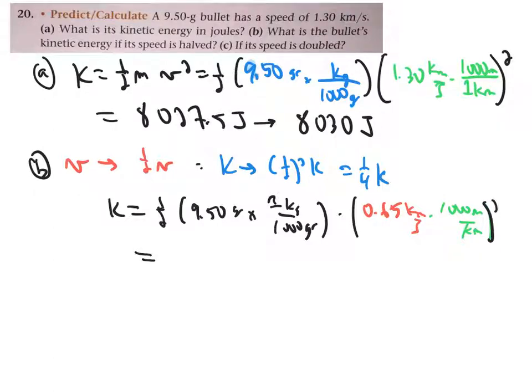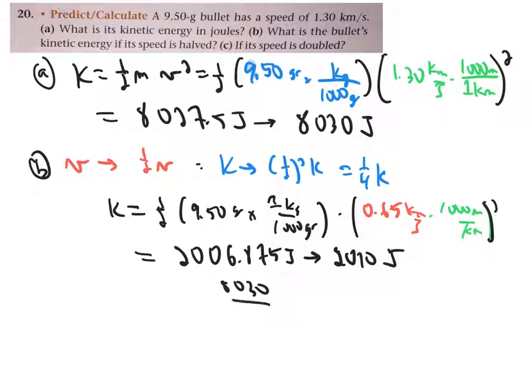On the calculator, that comes out to be 2,006.875 joules, which rounded to three digits is 2,010 joules, which is basically 1/4 of 8,030. At least, if you round to the right number of sig figs, since 8,030 over 4 is 2,007.5, which rounds to 2,010.